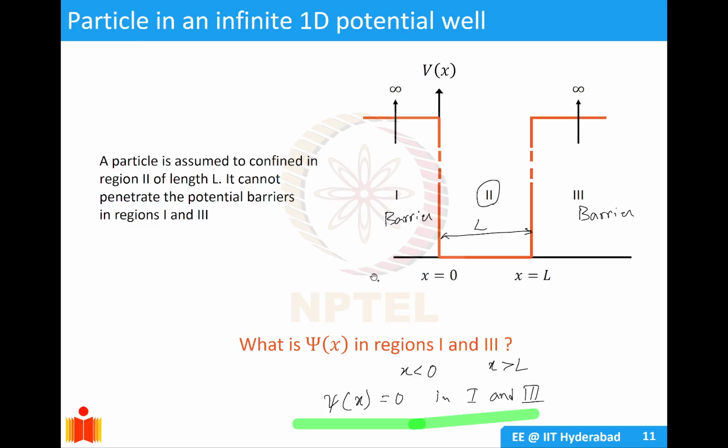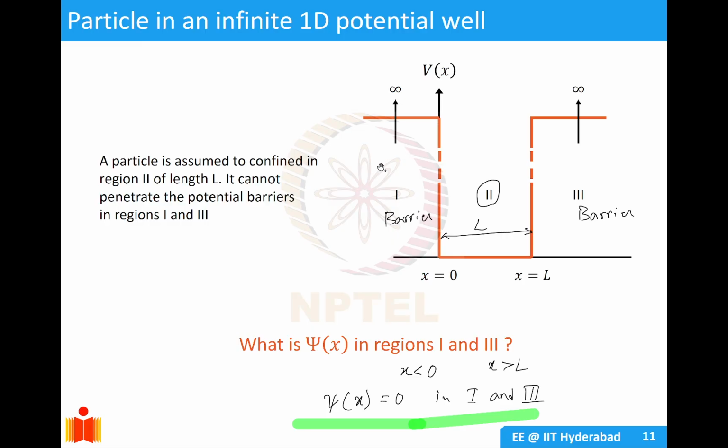So this is the infinite potential well, which we have just studied in the beginning. Now, what if you have to calculate psi of x? We know that the wave function will be zero in the barrier regions because they have infinite potential, so the kinetic energy will be zero.